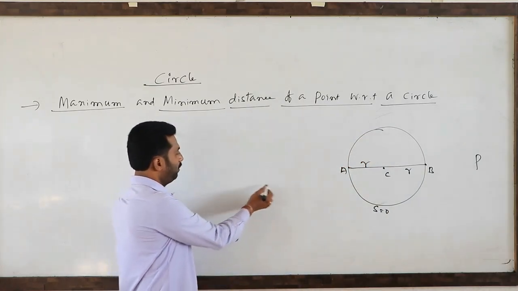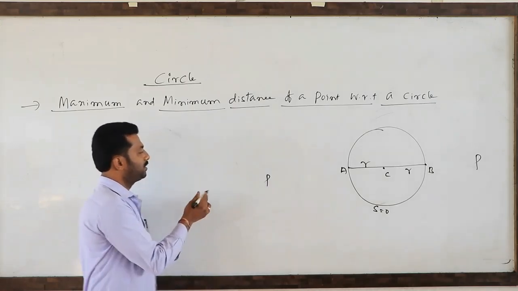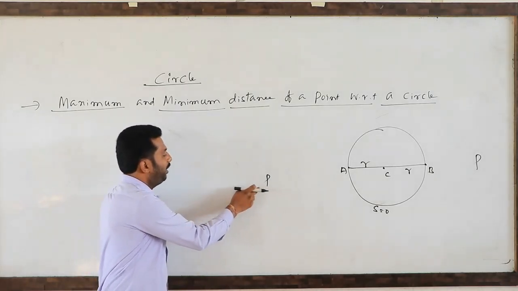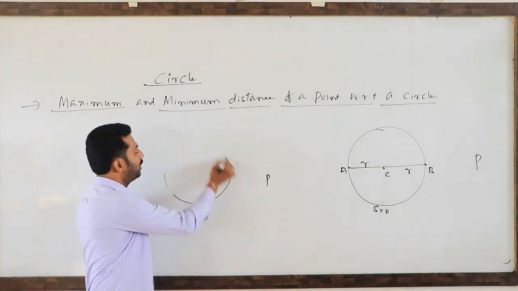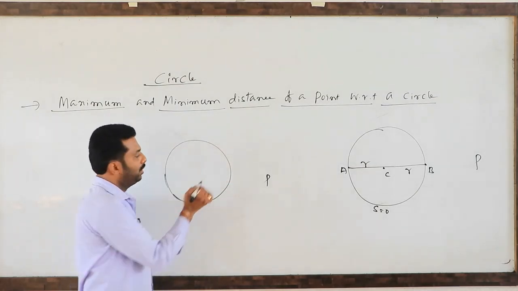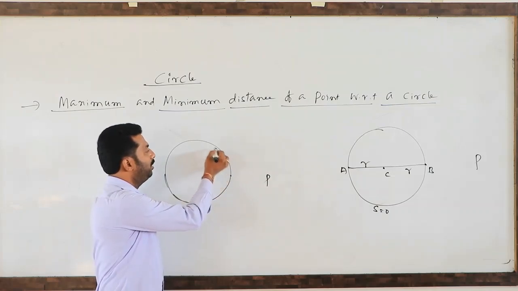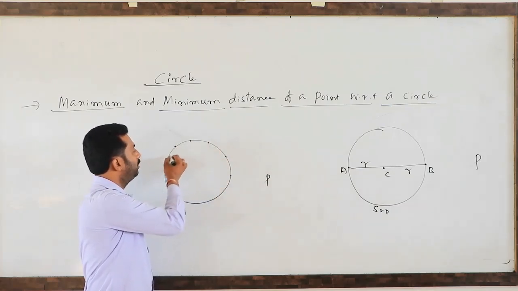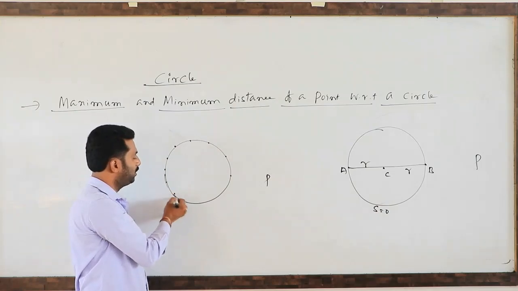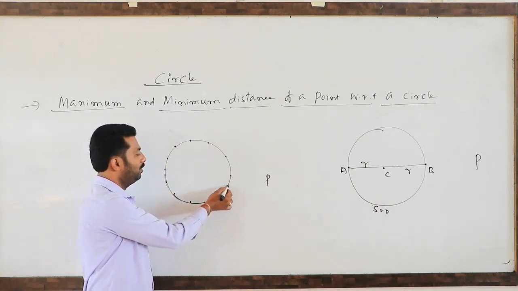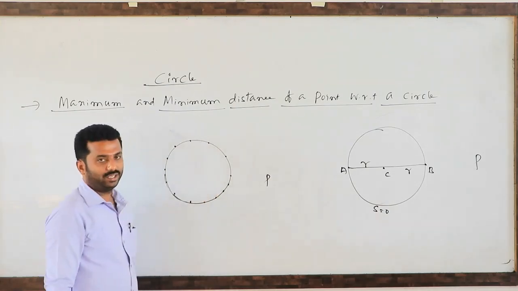So very clear, greatest distance means from the point P to any point on the circle. Suppose any point on the circle means the point may be here or maybe here, maybe here, maybe here. Infinite points will be there.